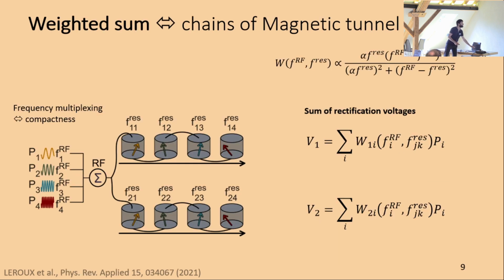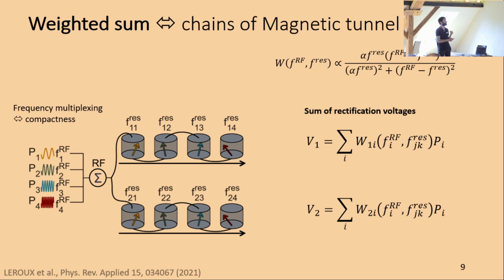So in order to get the weighted sum, we can connect MTJs electrically. Here I consider, for example, a signal which is created by frequency multiplexing, and it is injected into a chain of MTJs.